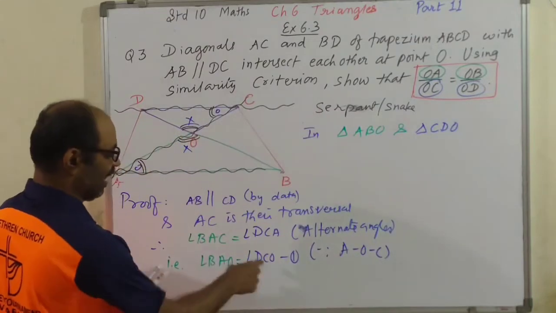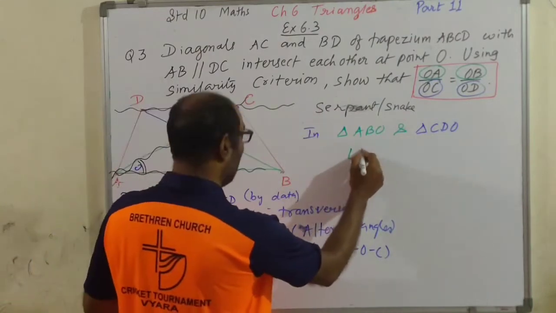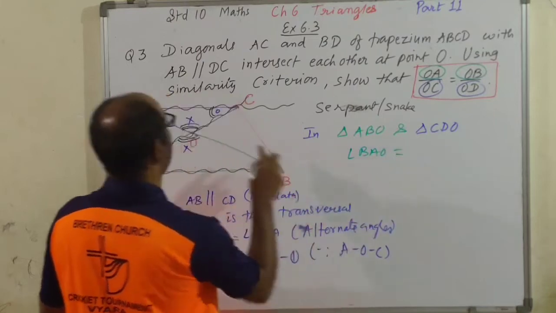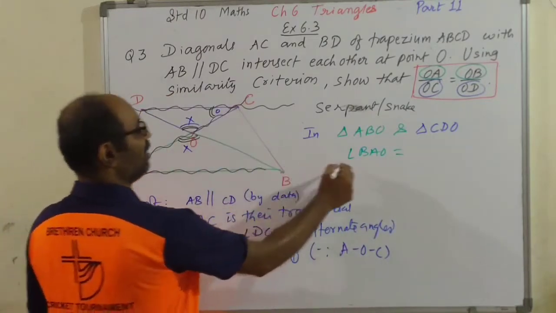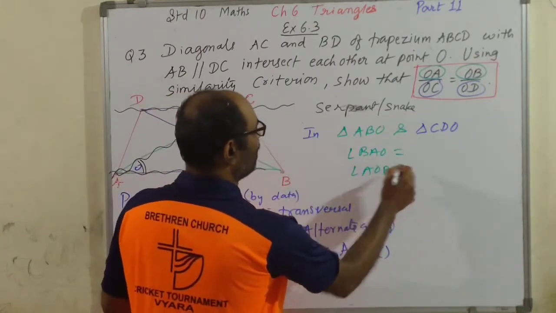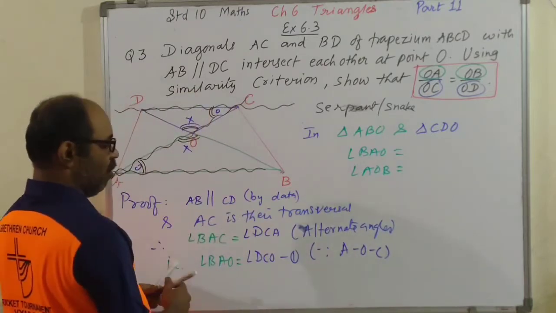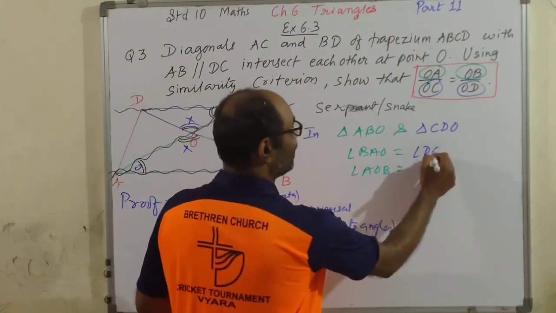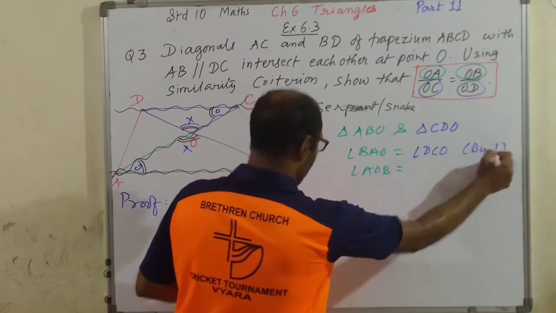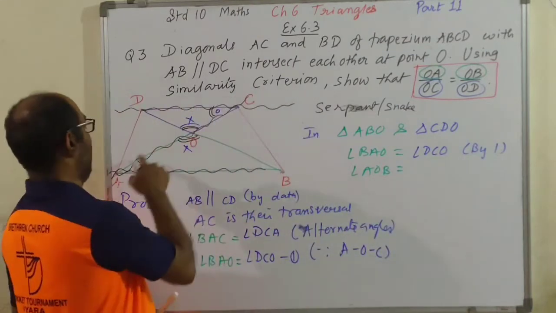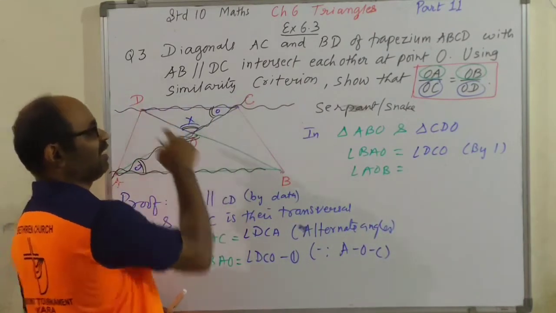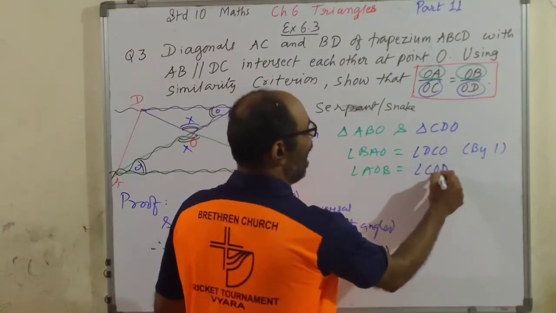Yes, this green angle is equal to this. Angle BAO is equal and angle AOB is equal. Angle BAO is equal to angle DCO by 1, and angle AOB is equal to angle COD. Why?